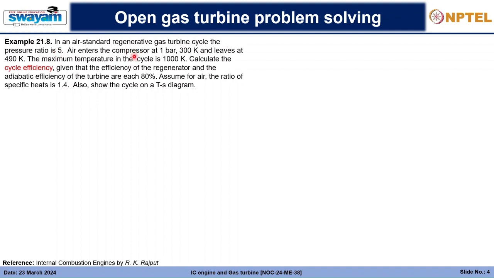Air enters the compressor at 1 bar, 300 Kelvin and leaves at 490 Kelvin. The maximum temperature in the cycle is 1000 Kelvin. We need to calculate the cycle efficiency, given that the efficiency of the regenerator and the adiabatic efficiency of the turbine are each 80%. We can assume for air the ratio of specific heats is 1.4. Also, we have to show a TS diagram. So let us sink into this simple problem for 1 minute, and after that I will solve the problem.